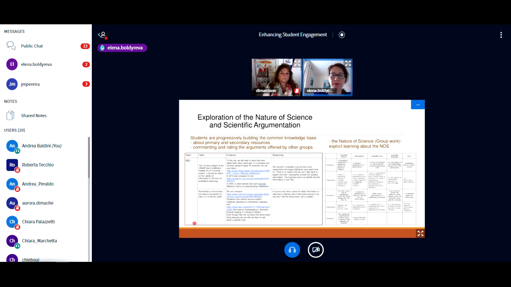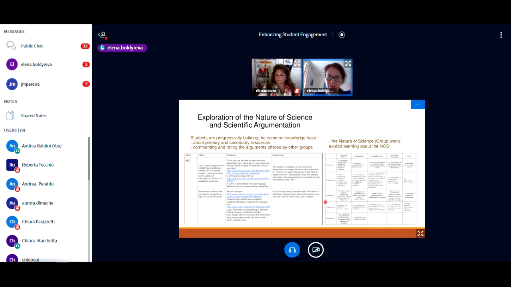They look at the primary and secondary resources. They can find them, or the teacher can suggest them. They look at whether the resource is reliable, whether it's outdated, who wrote this paper, and they try to rank them according to the chart that we provide.